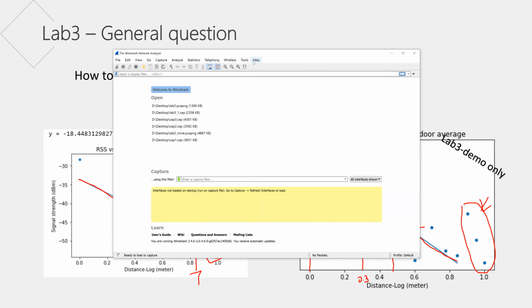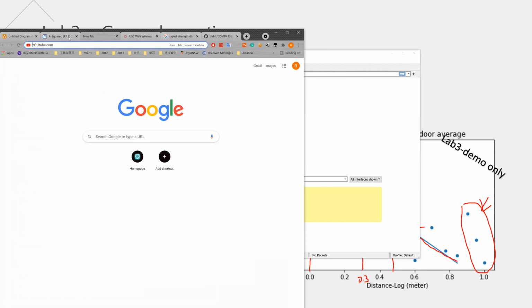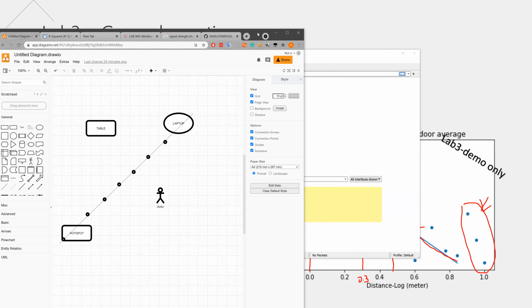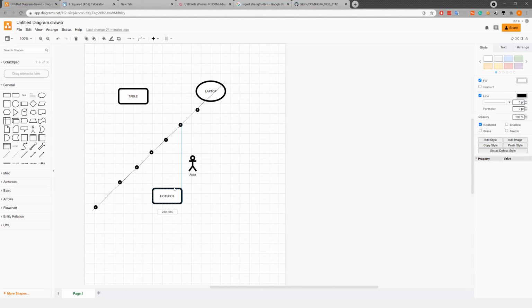So you may want to check your file. At first you can do a small experiment on your computer. For example, put your hotspot at a close distance to your laptop, capture a file and save it.